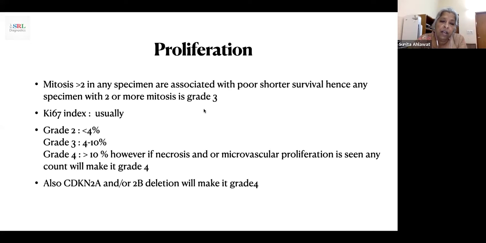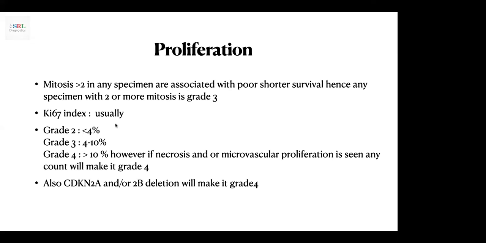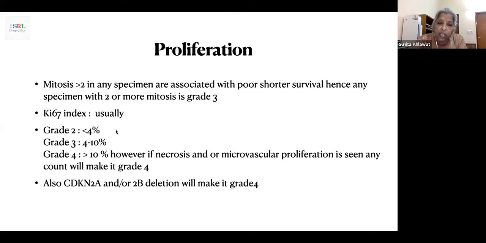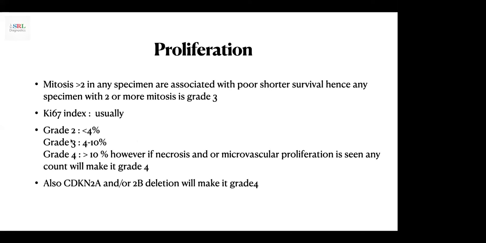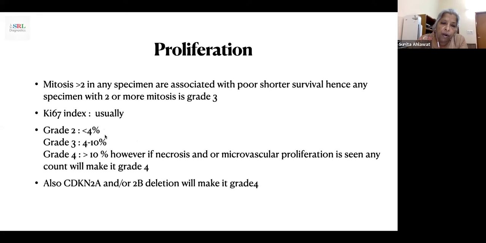Ki-67 labeling index: these are not absolute figures, but this is generally what is seen. WHO does not insist on this figure as the standard, but this is the general experience of most pathologists. Grade 2 usually shows less than 4% Ki-67 index.